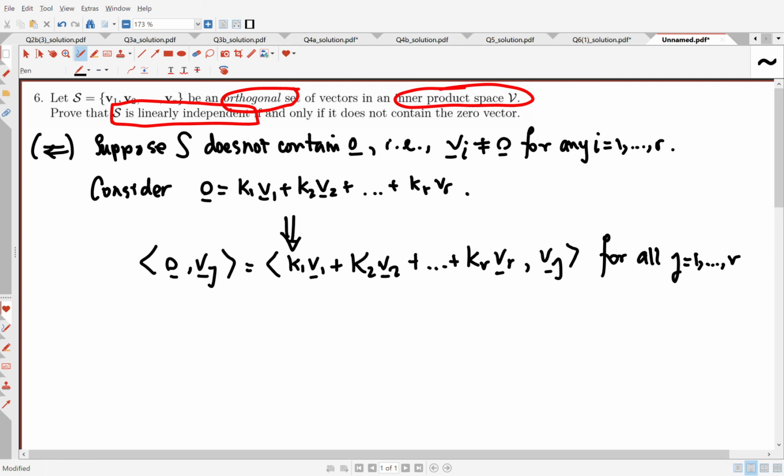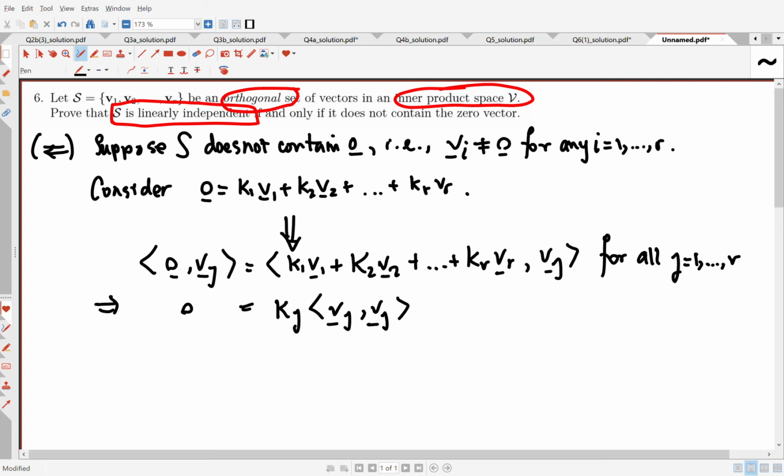So we do the same thing. This will give me 0, this will give me 0, and for this part, I will get kj times the inner product of vj and vj.